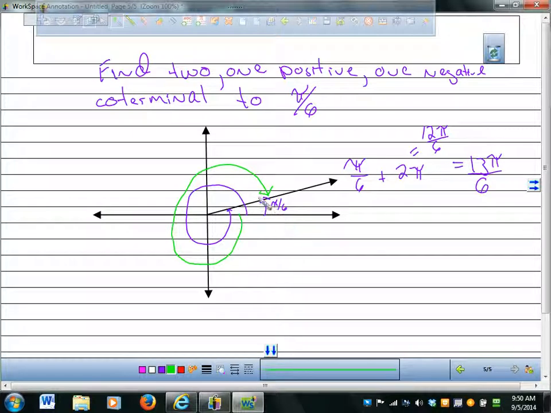You could just subtract 2 pi. So if we start at pi over 6 and subtract 2 pi, that's pi over 6 minus 12 pi over 6, which gives you negative 11 pi over 6.